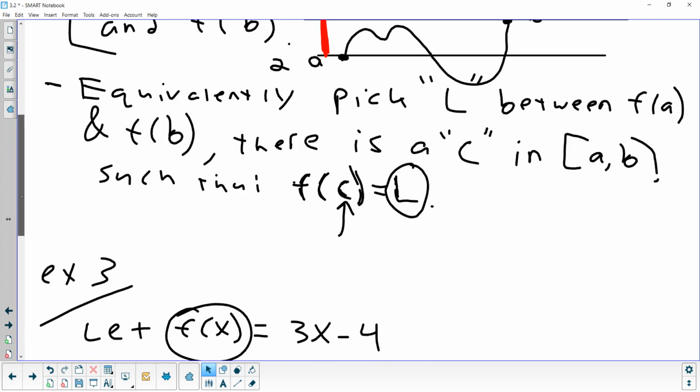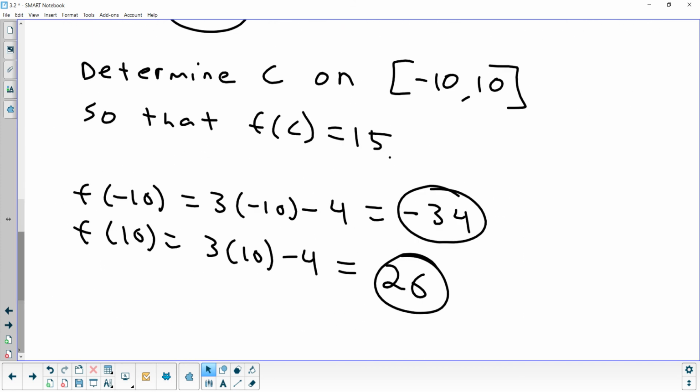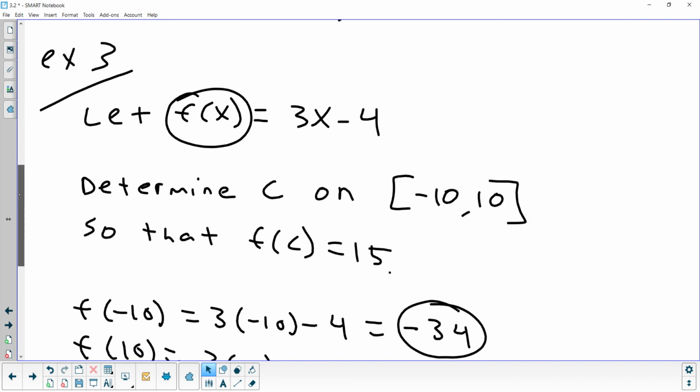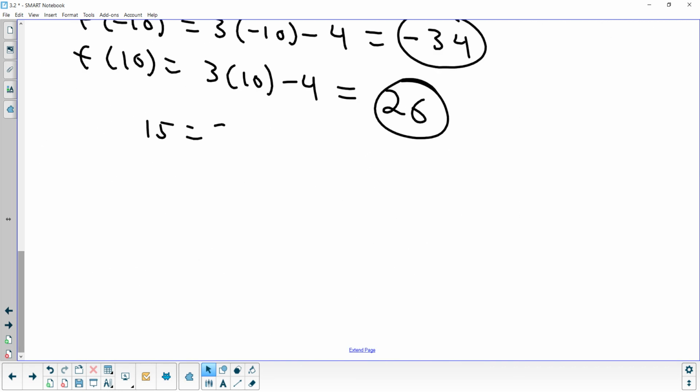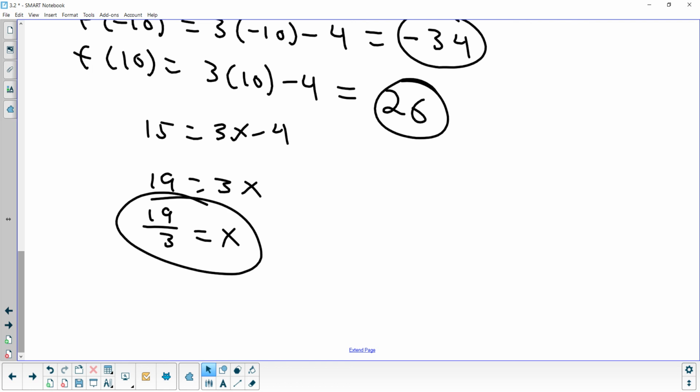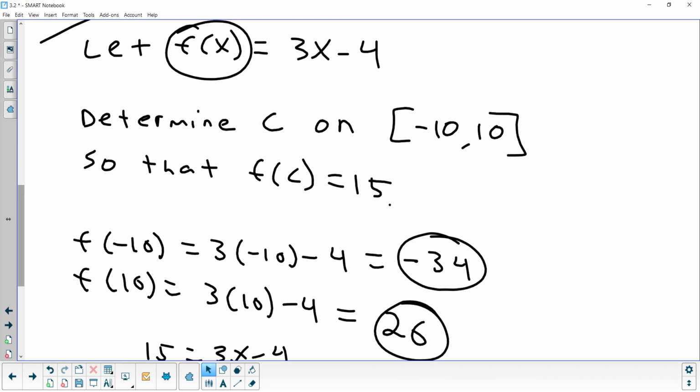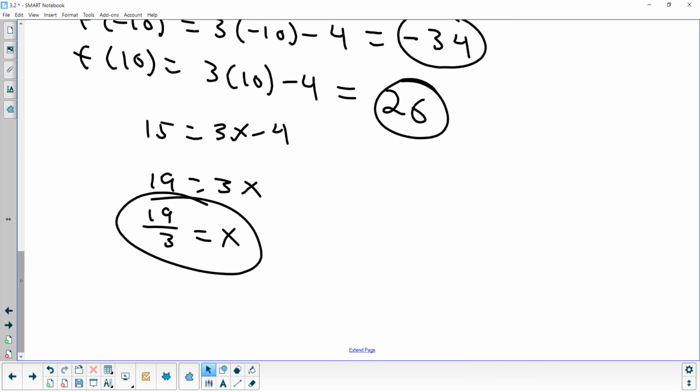All right, so fill in 15 equals 3x minus 4. So we're going to get 19 equals 3x. And we get 19 thirds, which is just over 6. Okay, 6 1/3. And that is definitely in the interval, and we already knew that it would be. 6 1/3 is between negative 10 and 10.